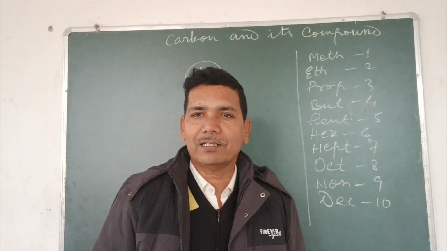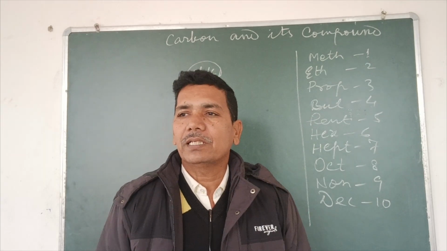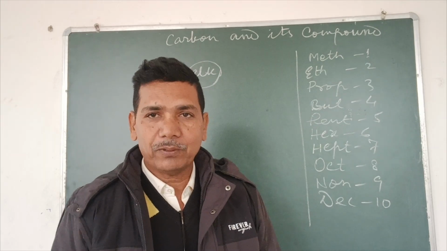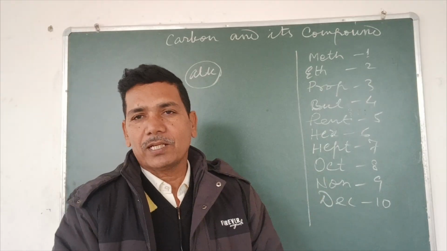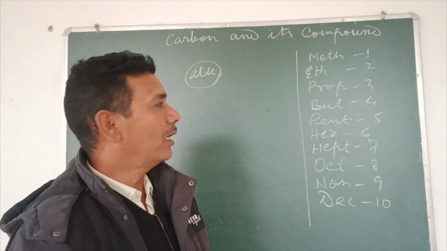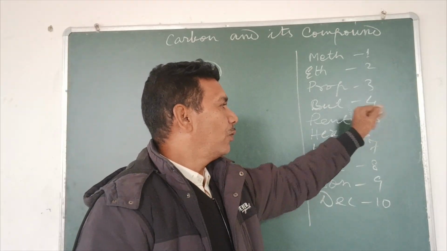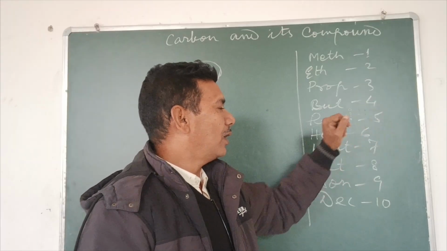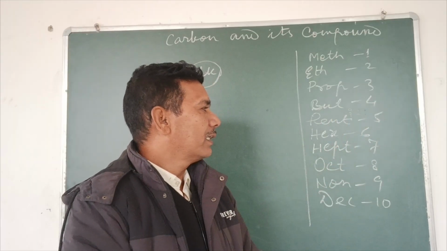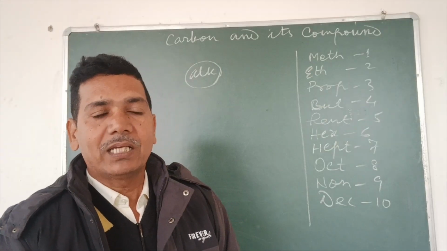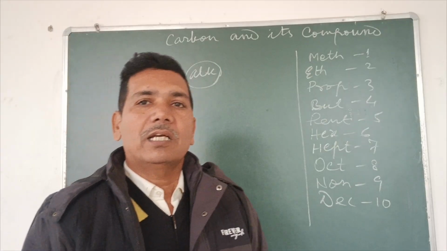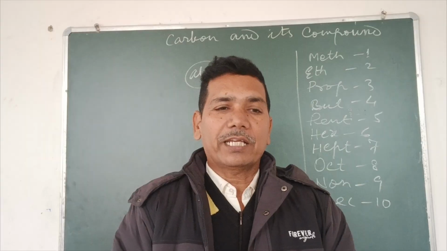For two carbon atoms, eth. For 3, pro. For 4, but. For 5, pent. For 6, hex. In this manner, we will name the organic compounds.